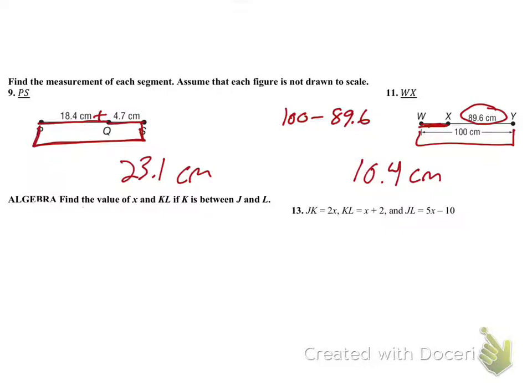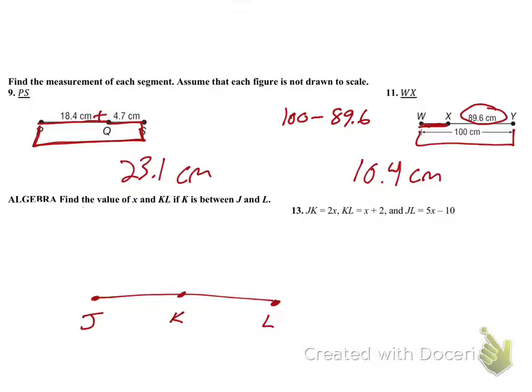13, find the value of x if K is between J and L. So let's just draw this out. So it looks like J, K, L. Now it doesn't tell us that it's the midpoint, it just says it's in between.